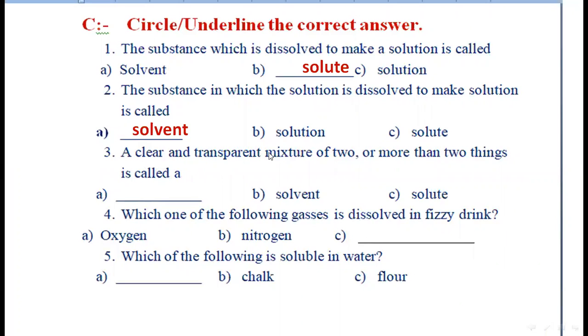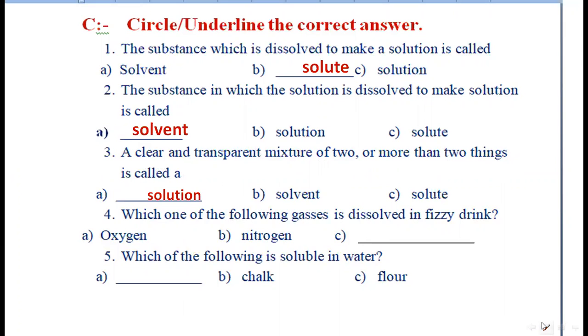Number 3, a clear and transparent mixture of two or more than two things is called a solution. If we dissolve salt in water, we make a solution, and this solution is a clear and transparent mixture of two or more than two things.